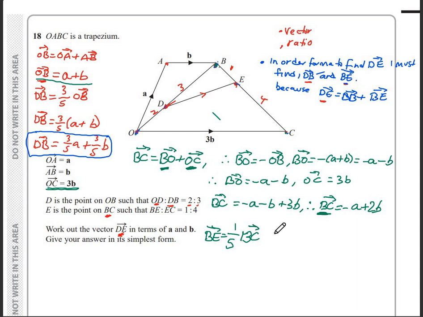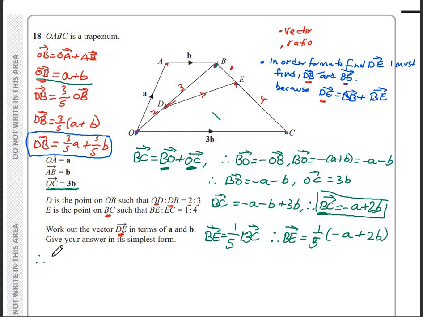Okay, and so we know what BC equals. BC equals minus A plus 2B. So BE equals 1/5 of minus A plus 2B.